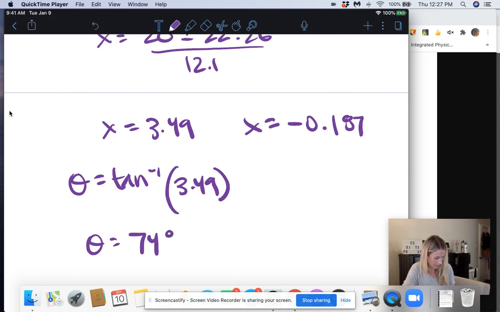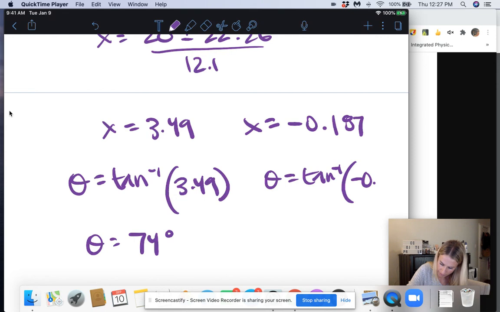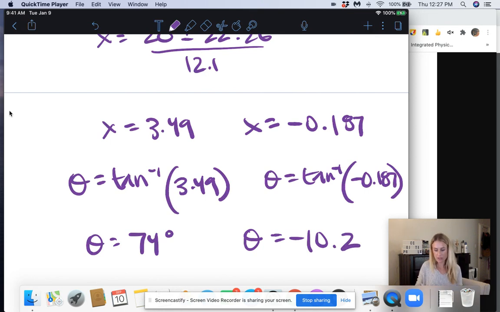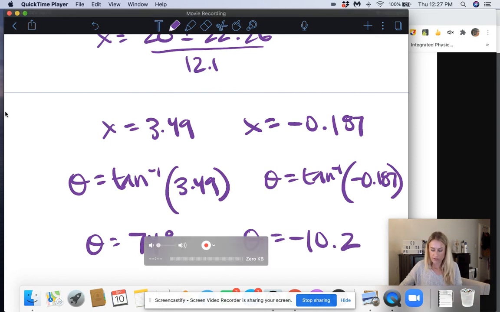And then if we do the other one as well, we get angle equals tangent negative 1 of negative 0.187. And so for that angle, we get negative 10.2. Okay, and I'll show you what these mean. Now, first and foremost, this is degrees.